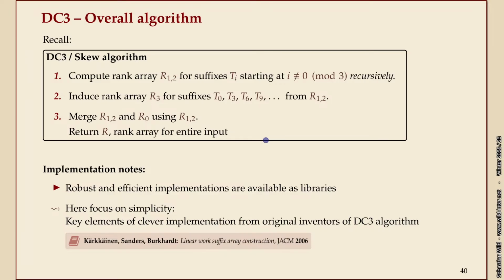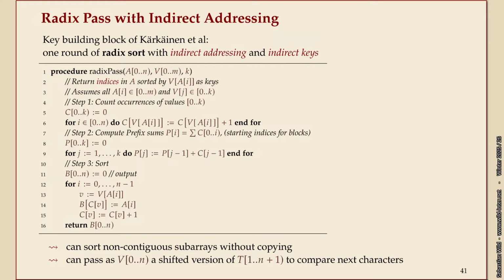So I'll focus on some of the nice steps and show them in the most simple possible way. It's not the fastest possible way. The key component that their implementation builds on is a clever implementation of counting sort or radix sort. One round of radix sort is what they call it. I think we would say counting sort.